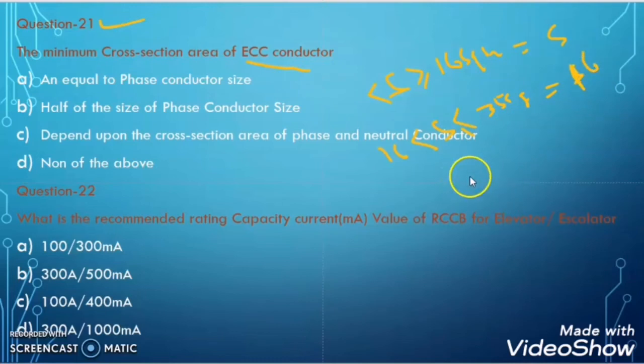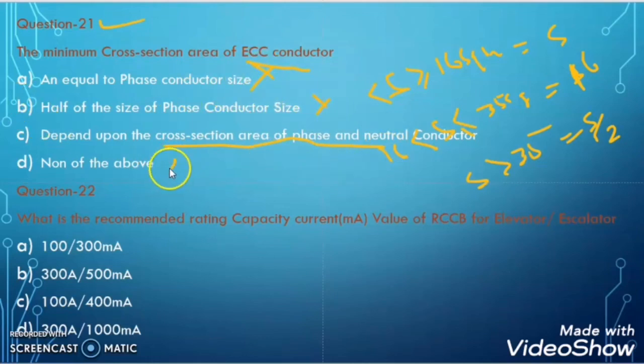And if the phase conductor size is greater than 35, then the ECC size will be S by 2. The conclusion of the whole discussion is that the ECC conductor depends upon the cross section area of the phase and neutral conductor. So this cannot be the correct answer, this cannot be the correct answer, this cannot be the correct answer. The answer is C, depending upon the cross section area of the phase and neutral conductor.